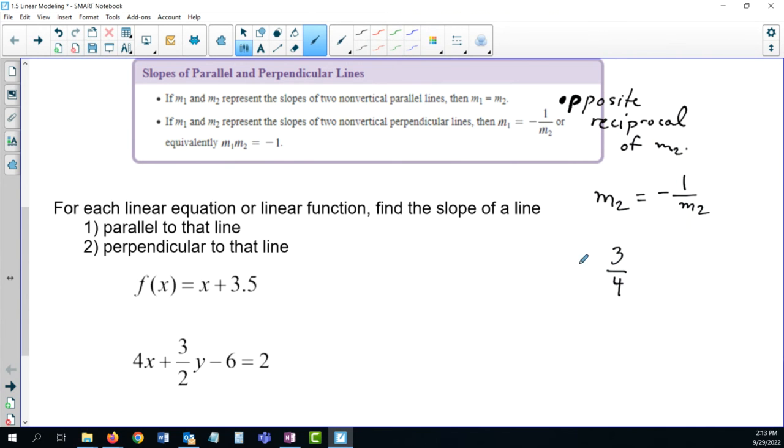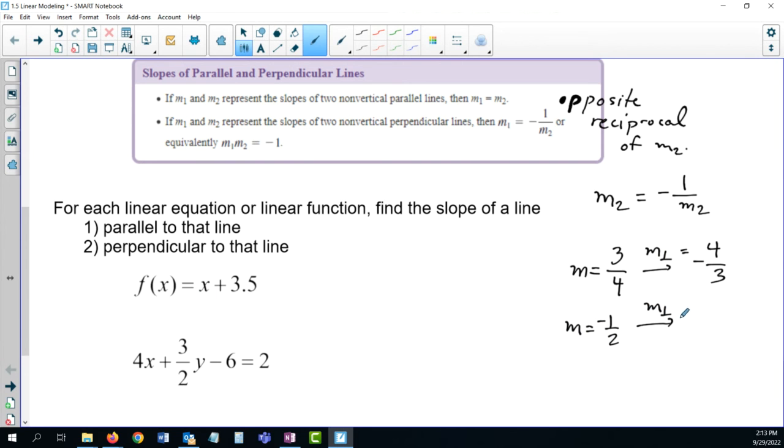So if m is 3/4, and I want to find the slope of a perpendicular line, that little upside down T means perpendicular. That means what's in the numerator goes to the denominator, what's in the denominator goes to the numerator, and the sign changes. We've got -1/2.